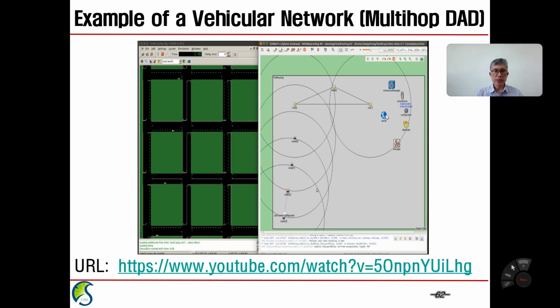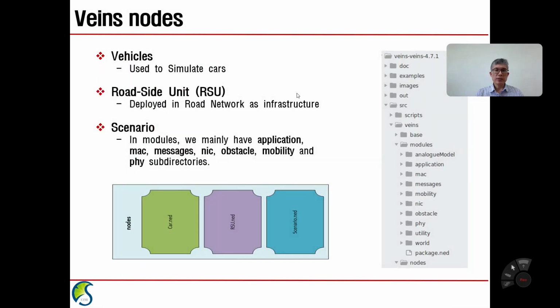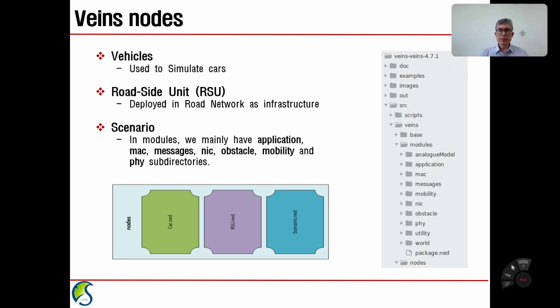You can see the vehicles initialize their IPv6 addresses, then move and send messages through the road side unit and mobility anchor. In this vehicular network project, the components are vehicles, road side units, and the scenario.